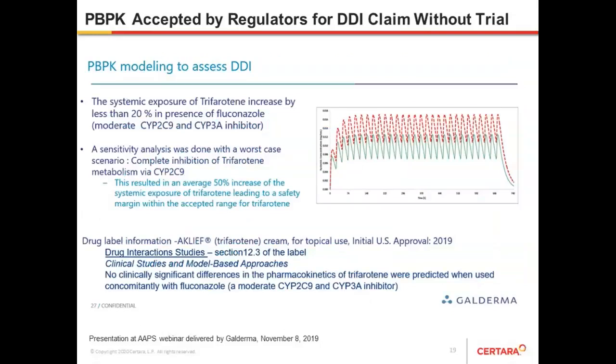So the results gave the information, without running the clinical trial, that even if we have an increase in the systemic exposure, in this case an average of 50%, it is still within a safety margin. So in this case, the clinical trial was not necessary, and the model informed scientists, researchers, that we are still within the safety margin.